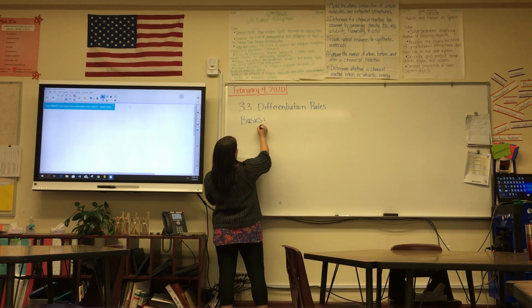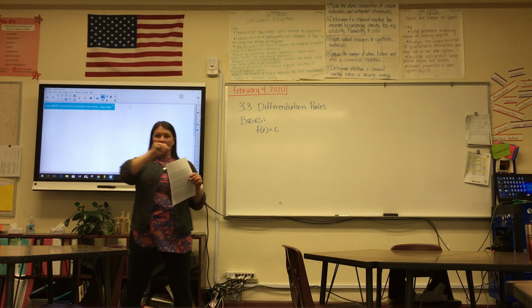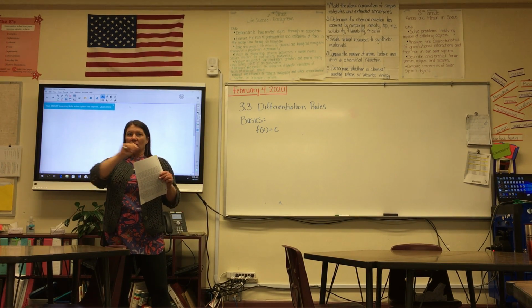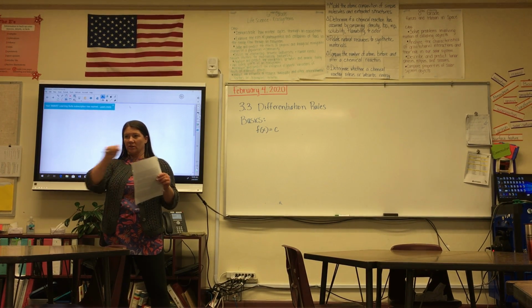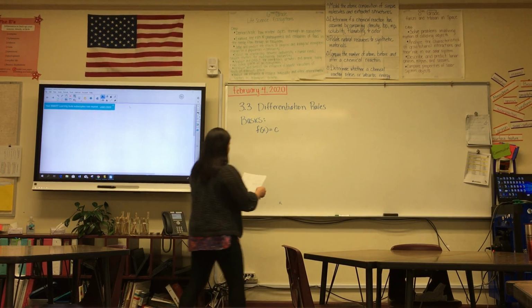If I have a function that's a constant, like y equals 2, that's just a straight line, right? Well, what's the slope of a horizontal line? 0, okay?